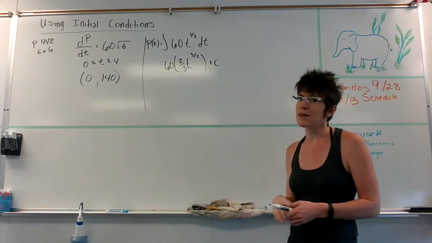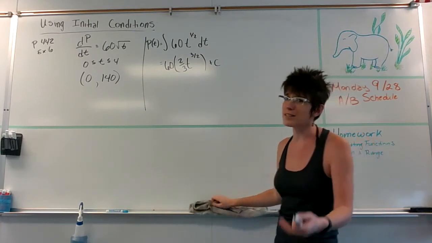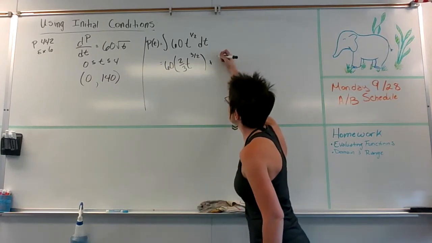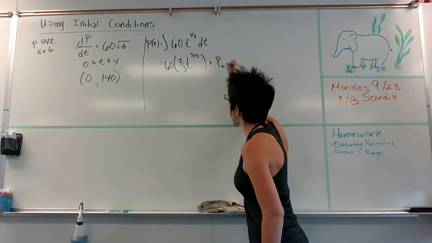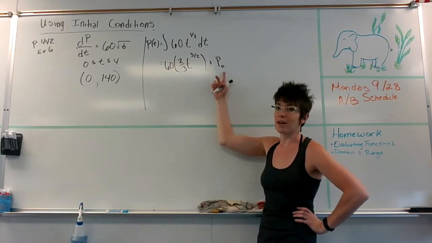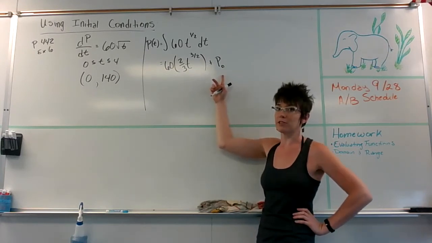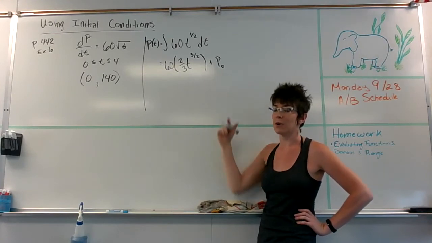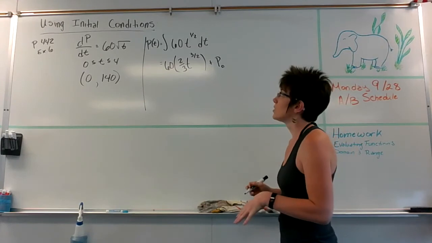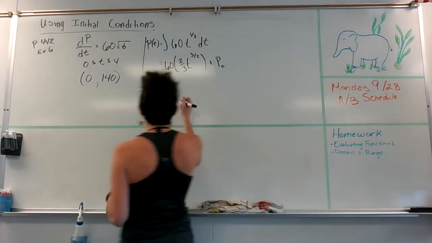Or in this case, because I'm really talking about a lot of context here, I'm not going to call it plus C. I'm going to actually call it P naught, or P initial. So it's like a way of saying the number of fish, the population of fish at time 0. So P naught or P0, that's something really common you're going to see in physics and things like that.